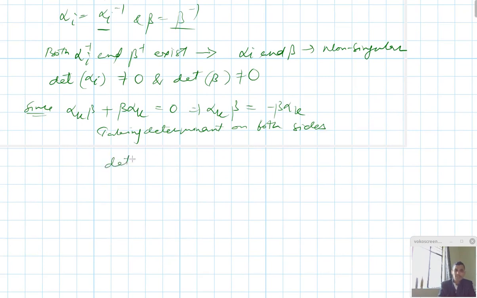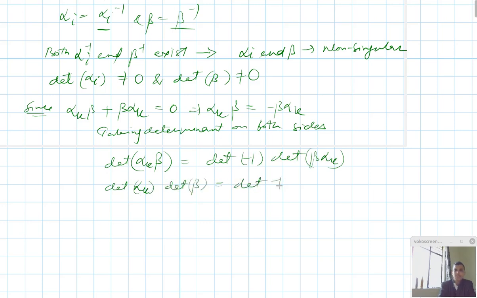The determinant of alpha k beta is equal to the determinant of minus 1 times the determinant of beta alpha k. This can be written as determinant of alpha k, determinant of beta, equal to determinant of minus 1 times determinant of beta and determinant of alpha k, which will cancel out.